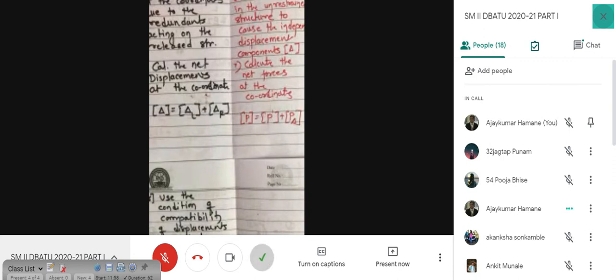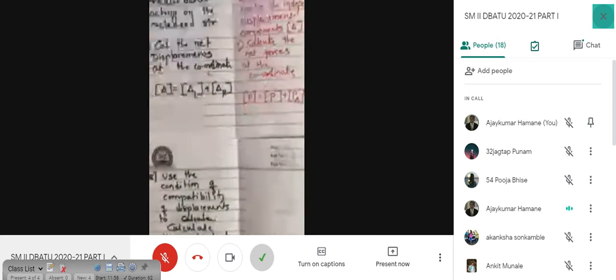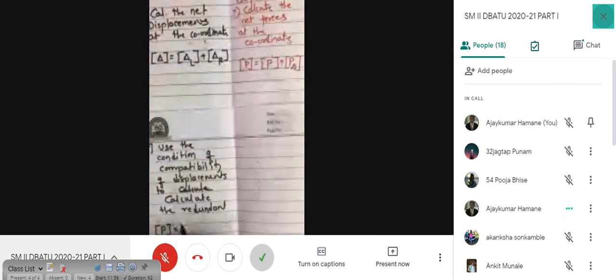That is P equals inverse of flexibility matrix times (delta minus delta L).